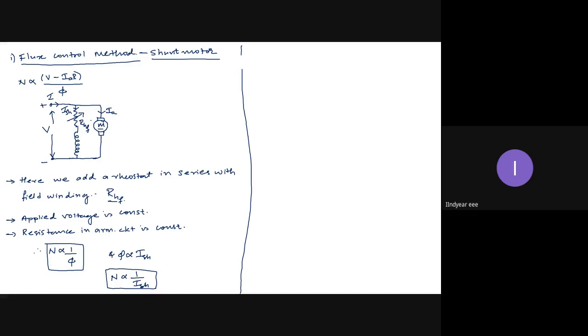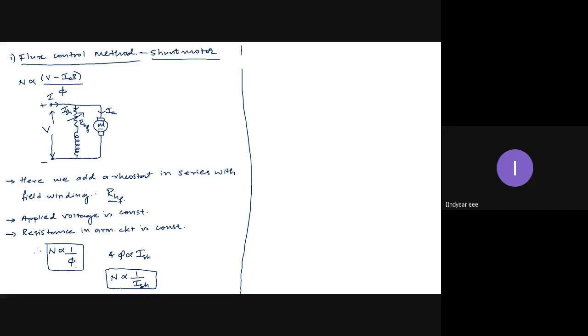When the rheostat is in cutout position, or at zero resistance position, the current drawn by the shunt field coil is the rated current. Whatever the designed value of ISH, it is drawn by the field because RHF is 0. With the rated current drawn by the field coils, the rated flux is produced.